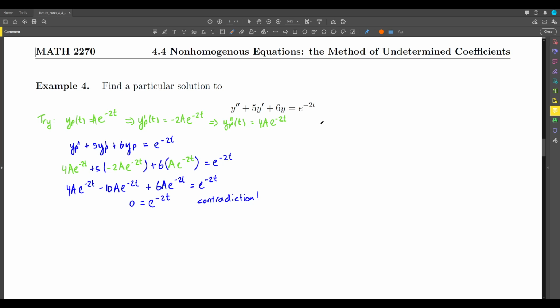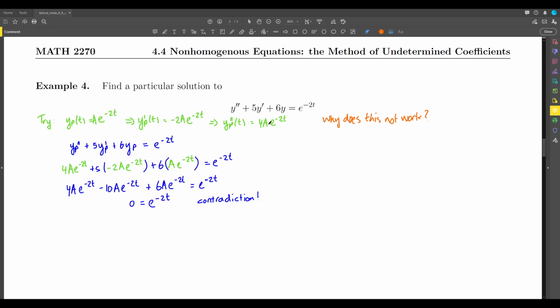So let's ask ourselves, why does this not work? Well, it has to do with the auxiliary equation for this differential equation.